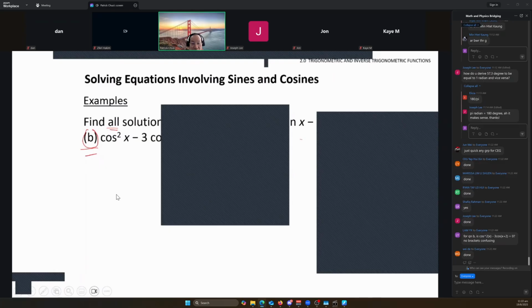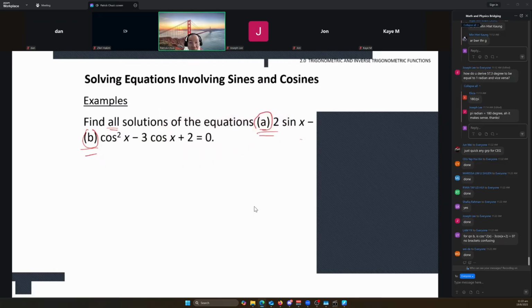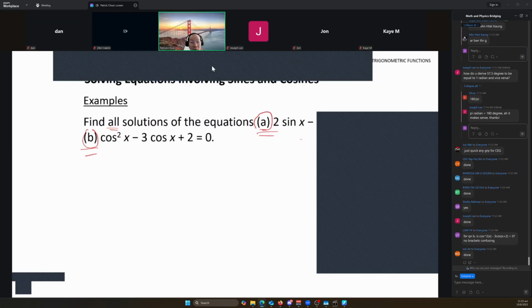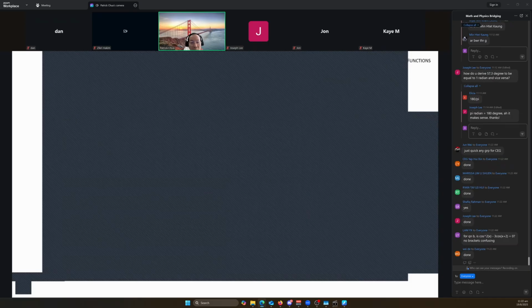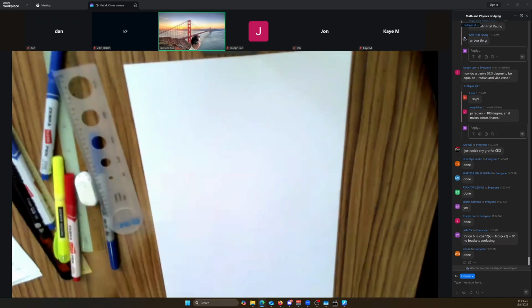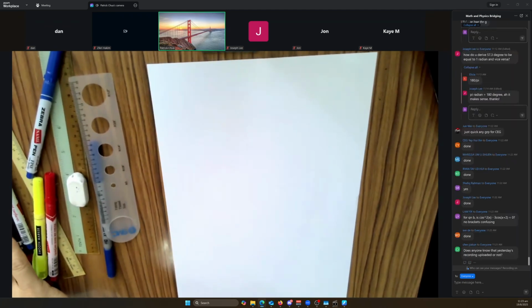I'll go through and see whether you got it correct or not. I need to use the visualizer, so I need to switch to the visualizer.